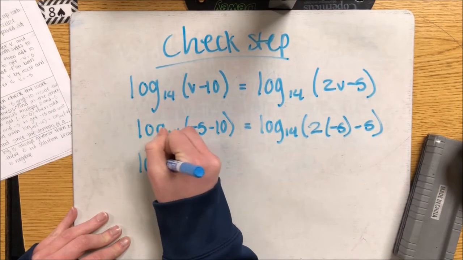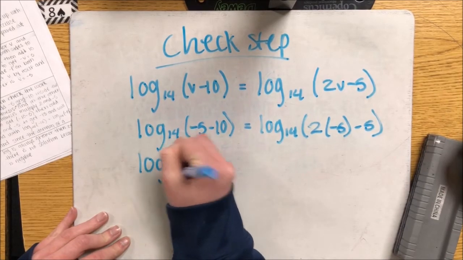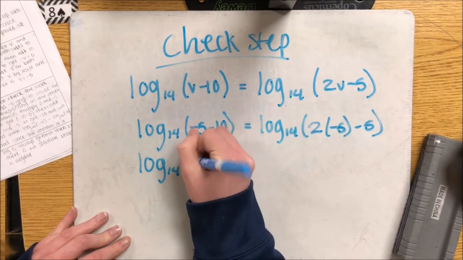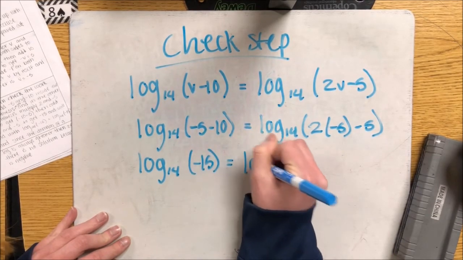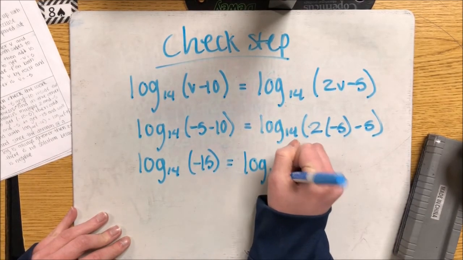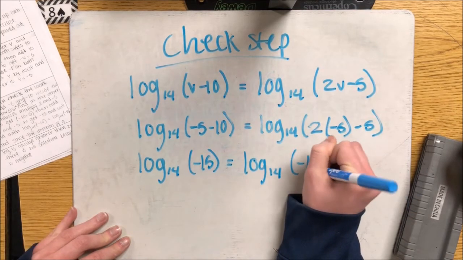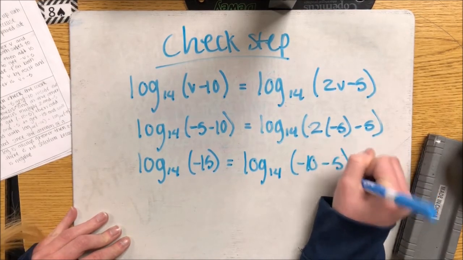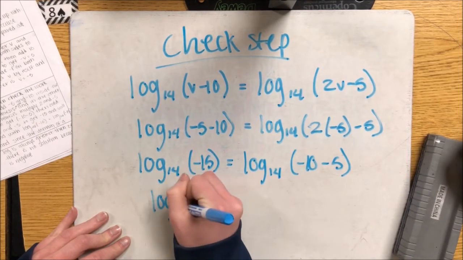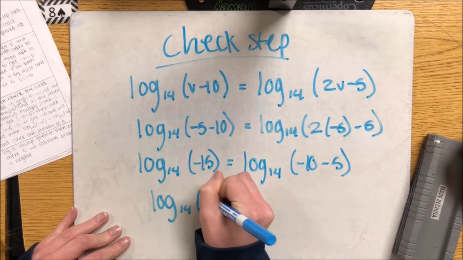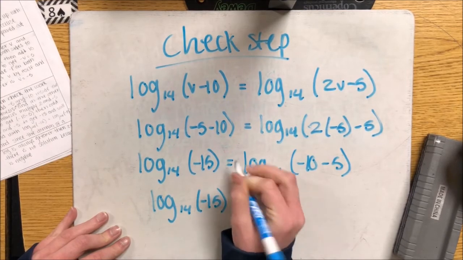Then add negative 10 and negative 5 to get negative 15, and you'll end with log base 14 of negative 15 equals log base 14 of negative 15. And since the domain of a log is always greater than 0, there is no solution because it is negative.